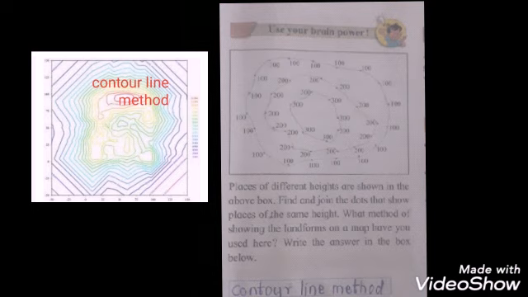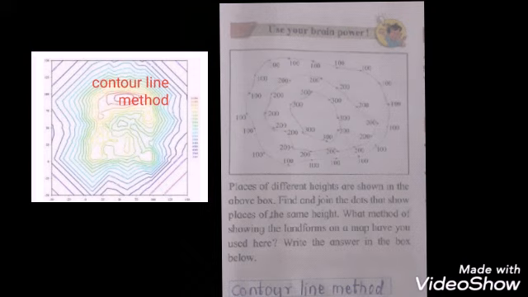See, when you join the dots, you find there are 3 circles. Okay. So, can you find now which method is used here? Yes, it's true. Contour line method.